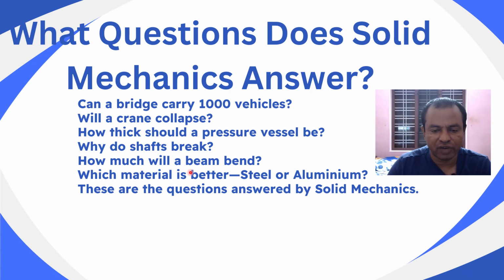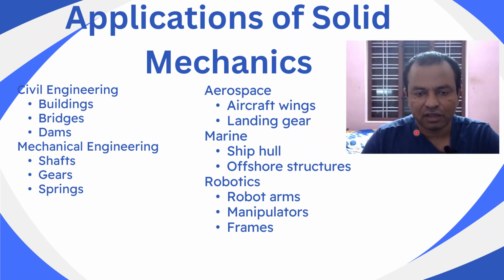How much will a beam bend? Which material is better, steel or aluminium for a particular application? These are the questions answered by solid mechanics. When we consider the application of solid mechanics, in most of the engineering branches, it has the applications.